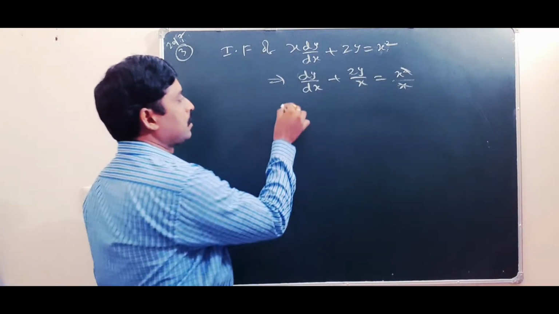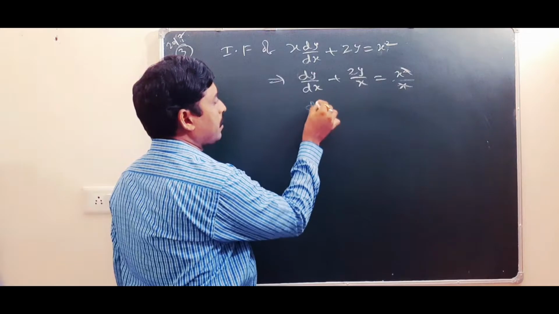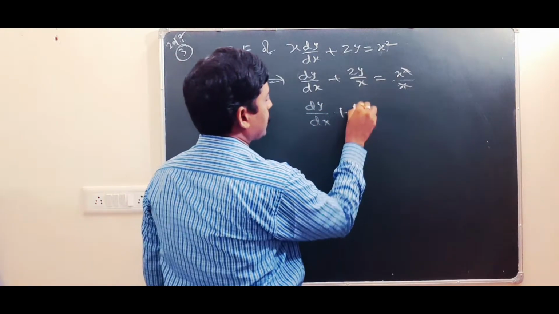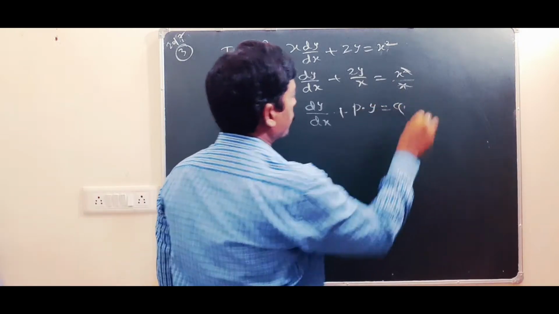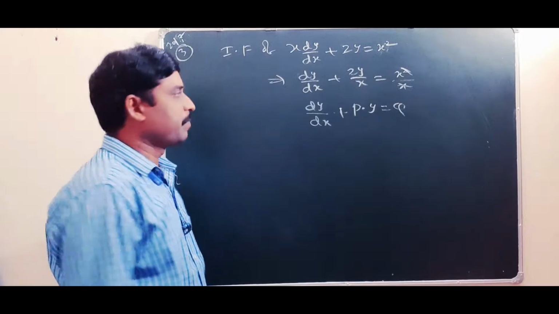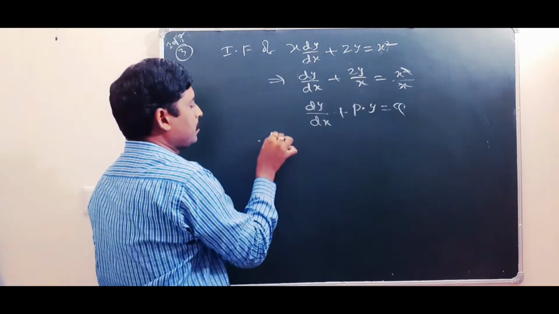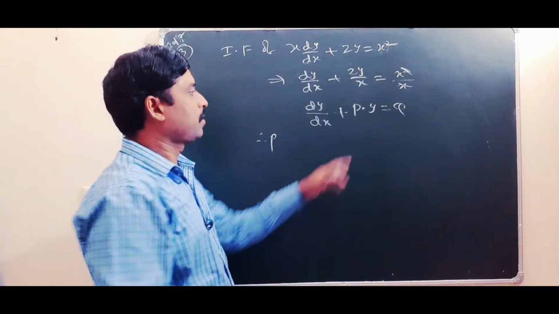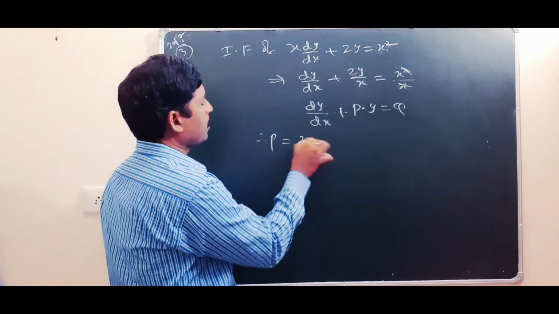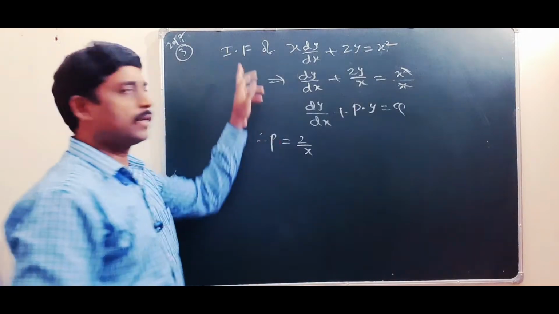This is in the form of dy/dx plus Py is equal to Q, where the y coefficient is P. In this, the y coefficient is 2/x, so P is equal to 2/x.